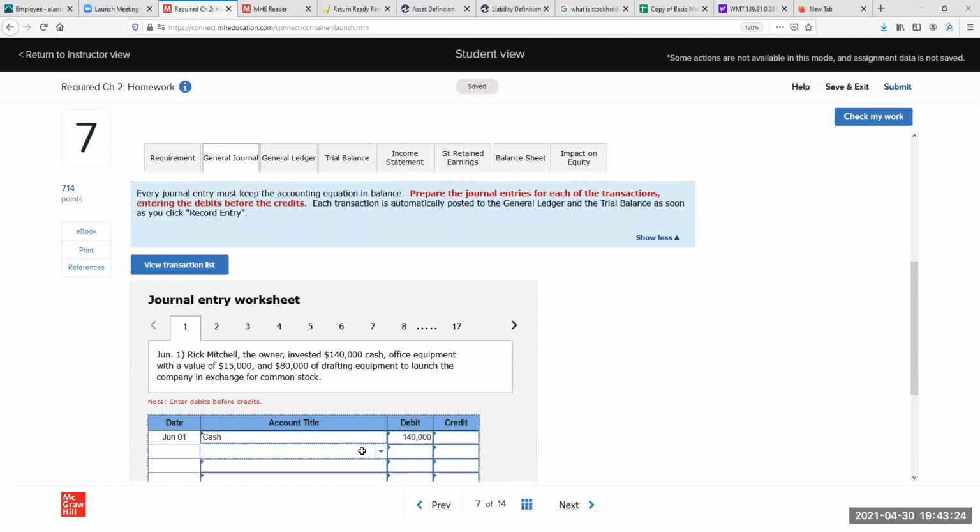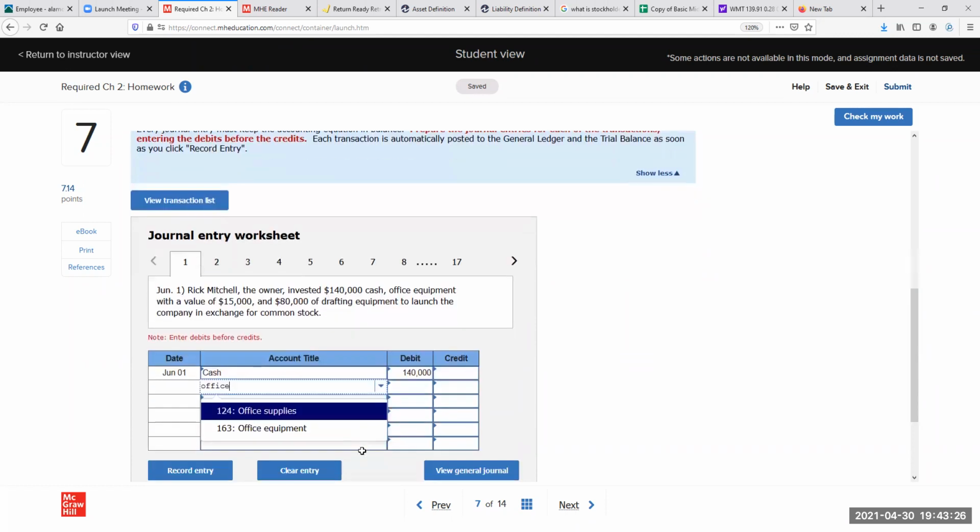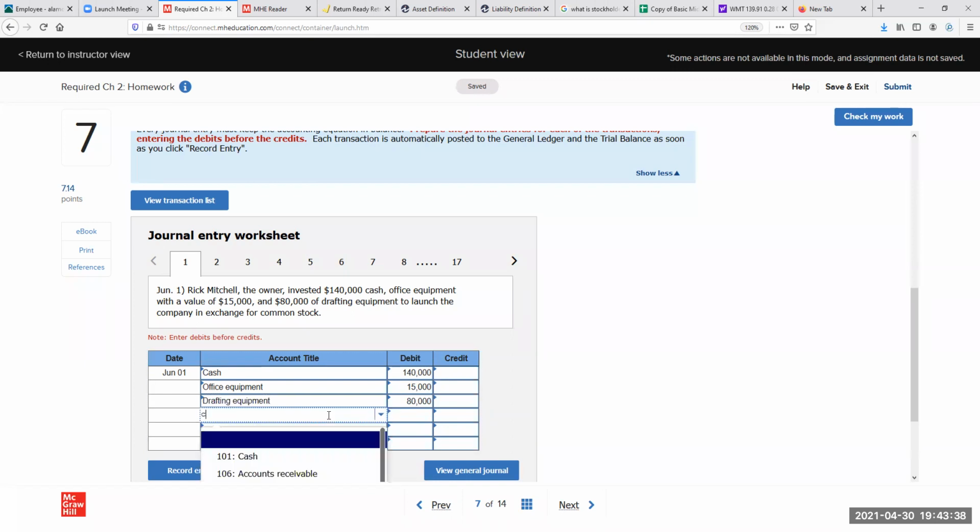Then office equipment, and then drafting equipment. And what did Rick get in return? He put all these assets into this corporation. Well, then he gets the stock, 220, 235, I think.